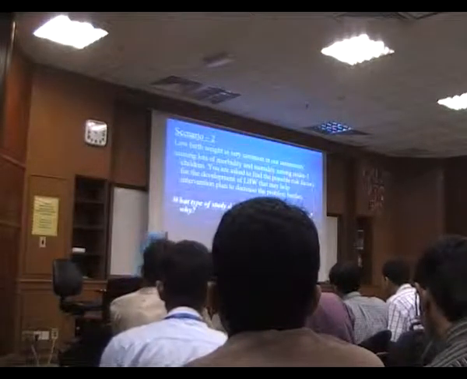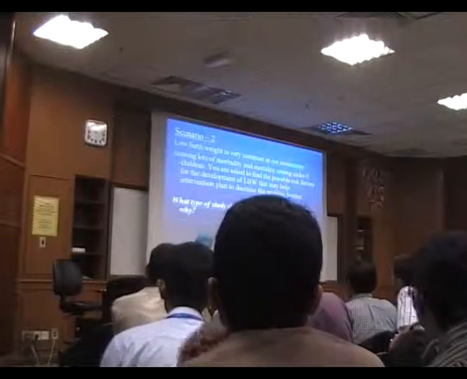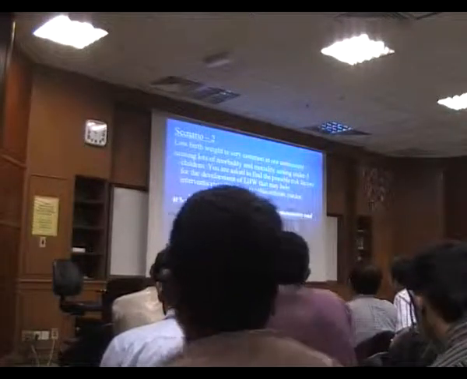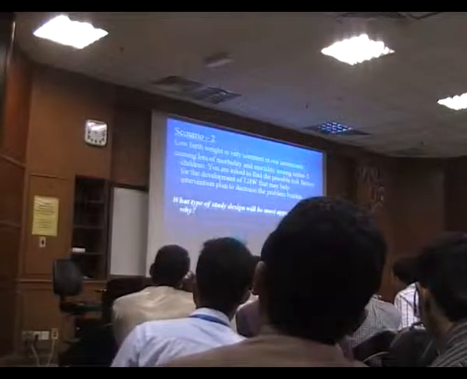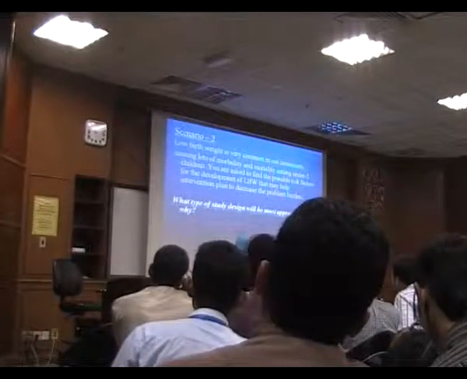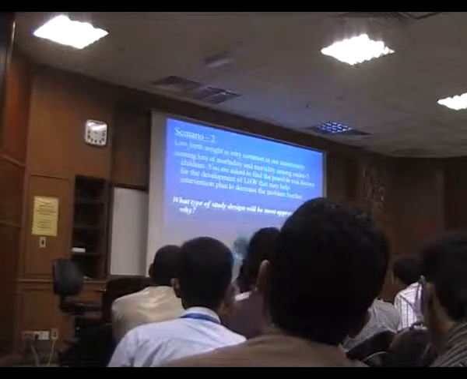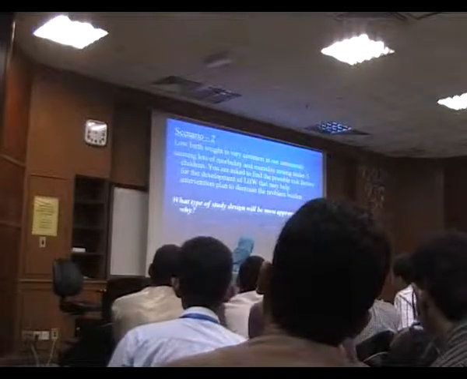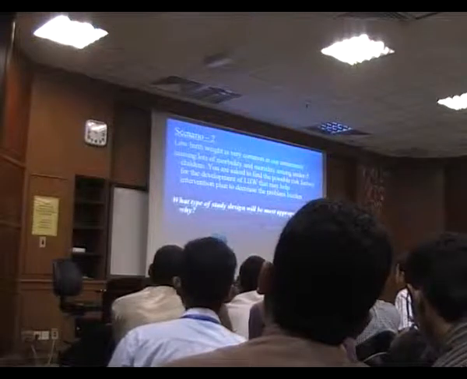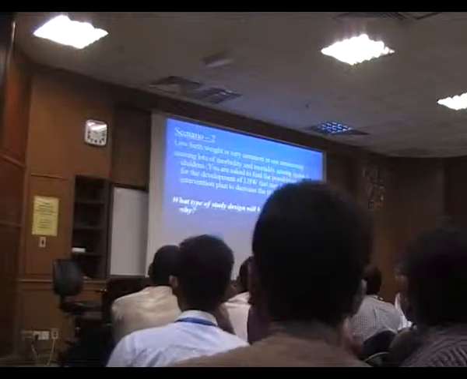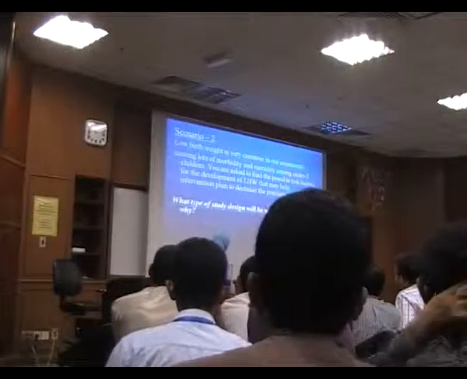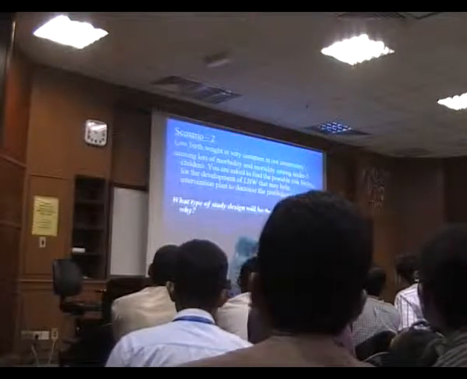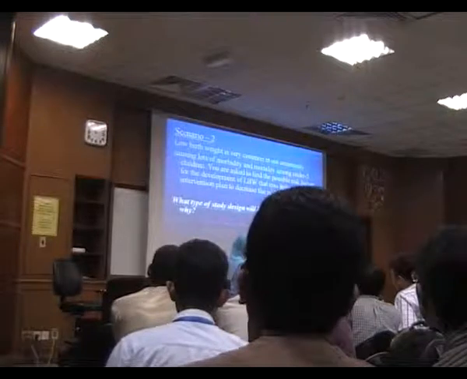The second scenario is low birth weight, which is very common in our community, causing lots of morbidity and mortality among under 5 children. You understand? You are asked to find out possible risk factors for the development of low birth weight that may help an intervention plan to decrease the problem burden. What is the aim?